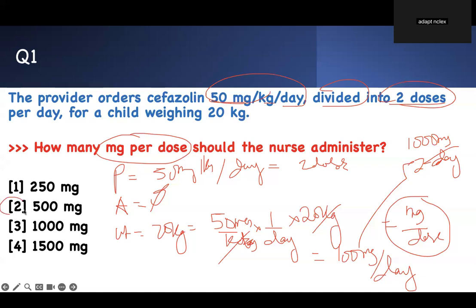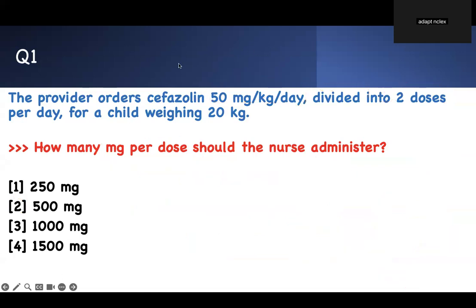So each dose, you get 500 milligram. The next dose, you get another 500 milligram, and the total becomes 1,000 milligram per day as the instruction gives. You see the trick? So be careful, otherwise you make a mistake. You always want to read the question they've given you carefully. So that's the first type of question.